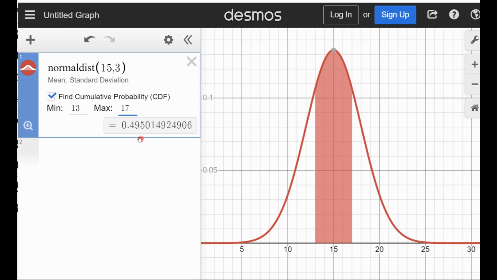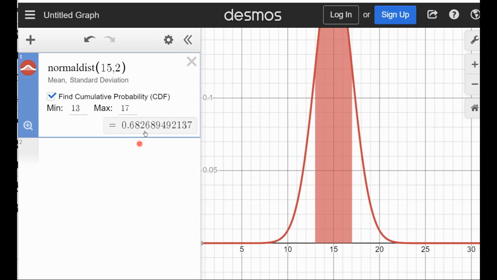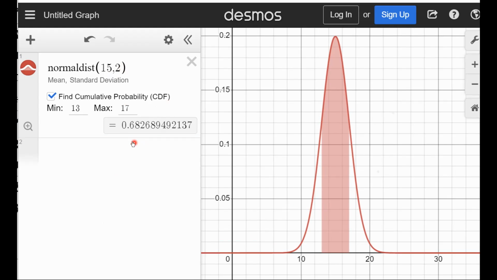Actually, it wasn't standard deviation of 3. We had a standard deviation of 2. Let me correct that. And we ended up getting 68.26, which was the answer we got when we did this problem. So it was a mean of 15 and standard deviation of 2.